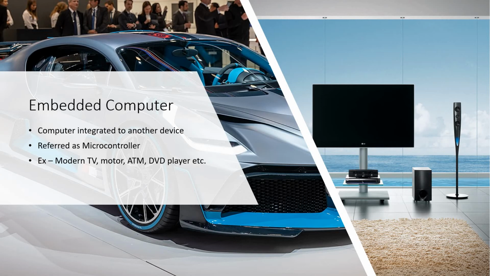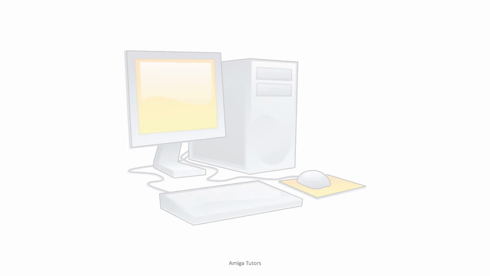So why is it smart? Because it already knows most of our stuff. Very user friendly. Examples: our modern TV, ATM, DVD player, and lots more. So now we know the types of computer.